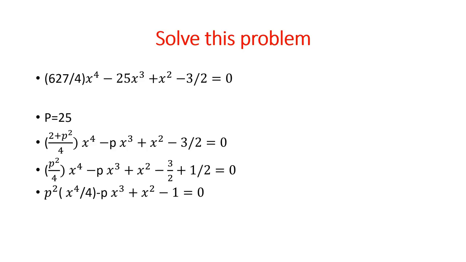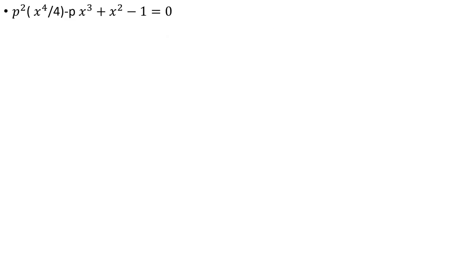Now in here, I assume that x⁴/4 is constant and P² is variable. I know P is 25, but that can help me break down the problem into two second order equations, which I'm going to show you how this is going to happen.